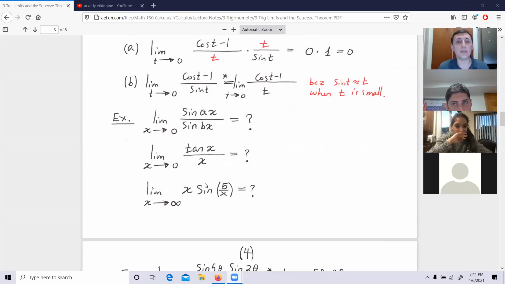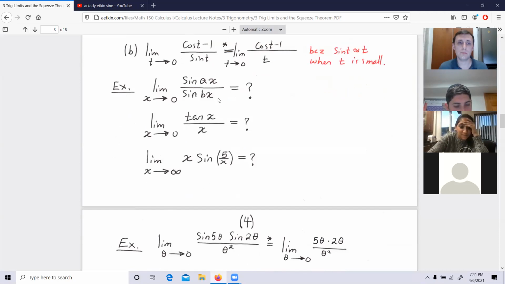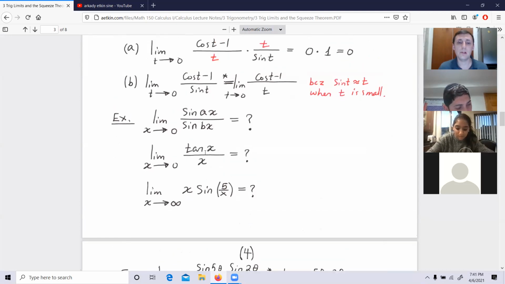Now, if you understood, guys, tell me please what's the limit as x goes to infinity of x times sine of 5 over x. This one, the last one here in this example.